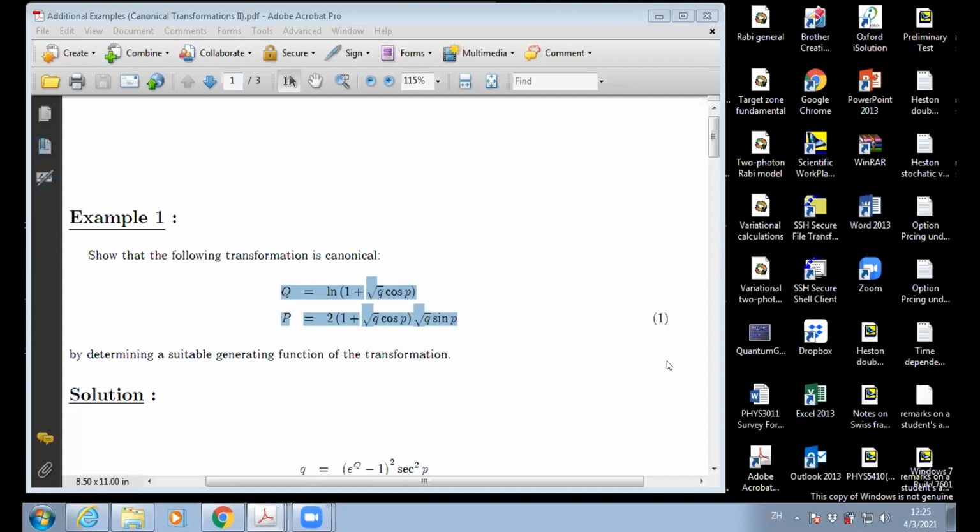Goldstein is a thick book, and it has a very detailed discussion on canonical transformation.